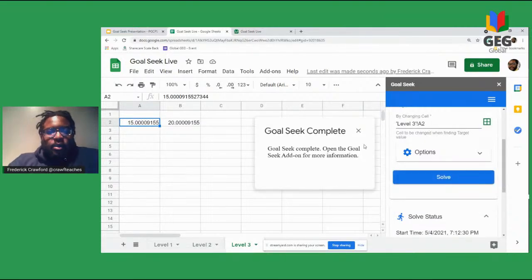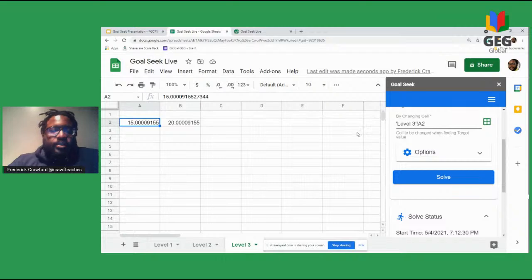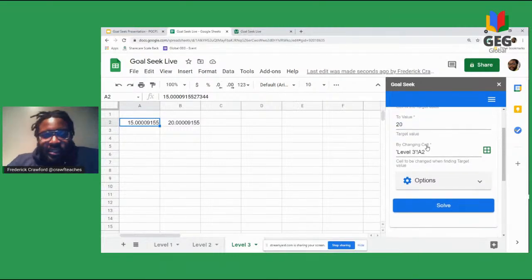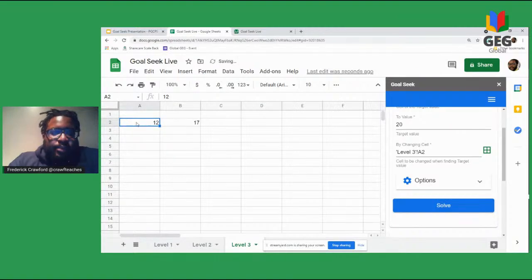You see, it has all these zeros after the decimal. You can basically say 15 and 20. The reason why you see all these zeros and long decimals is because I was far away from the answer. Let's say this time I made it 12 besides 4.